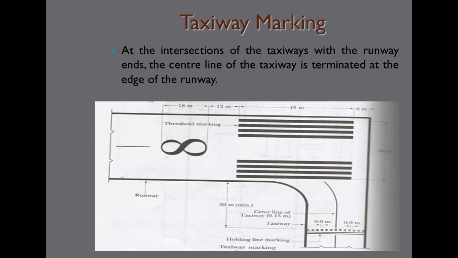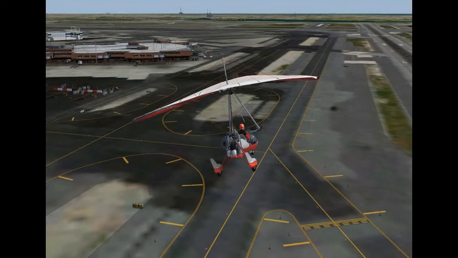So at the intersection of the taxiway with the runway, the center line of the taxiway is terminated at the edge of the runway. So we can see the taxiway marking here.